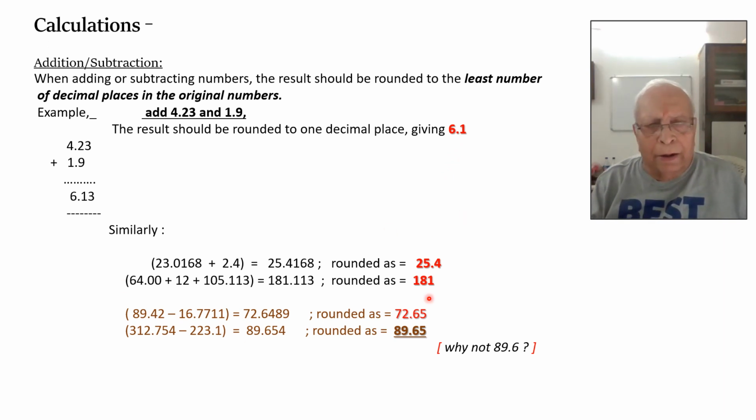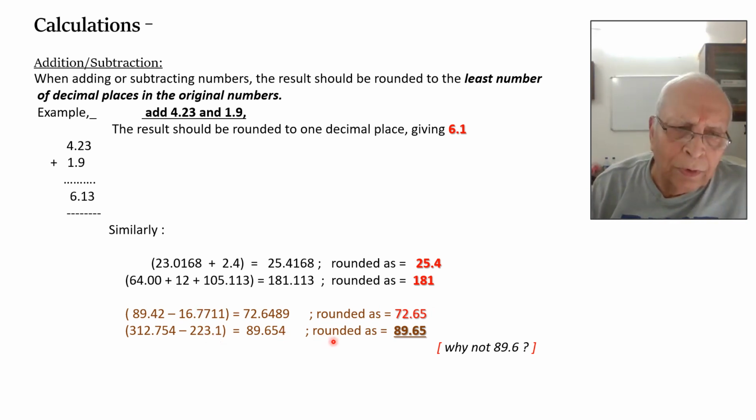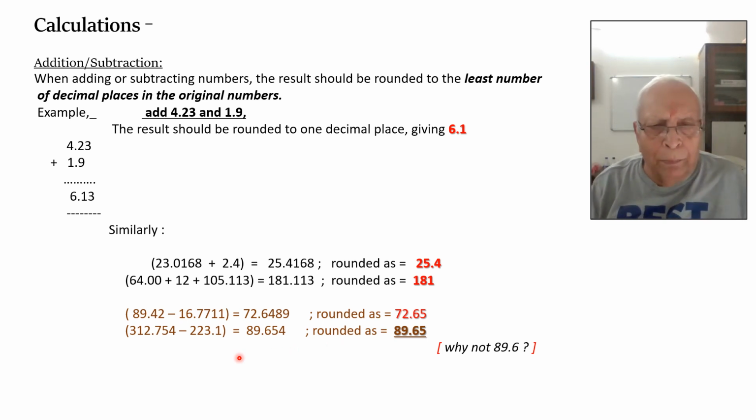Similarly, there are other additions also. You may go through it and you will find the same procedure being followed. Same for subtraction also. Limit the number of significant figures by the number which has the minimum number of significant figures.